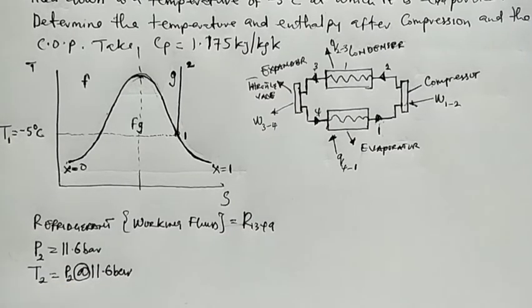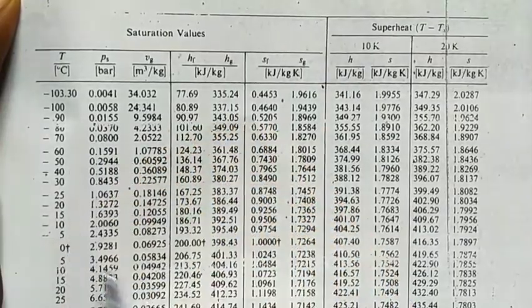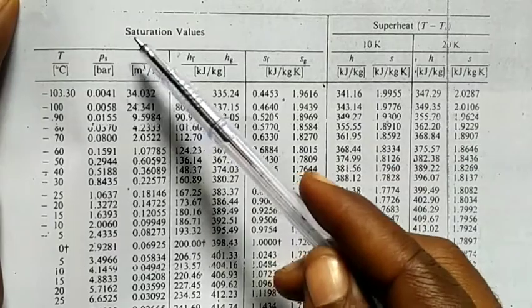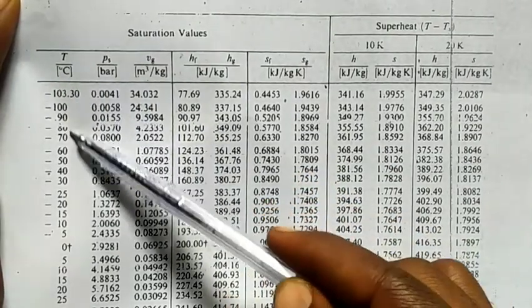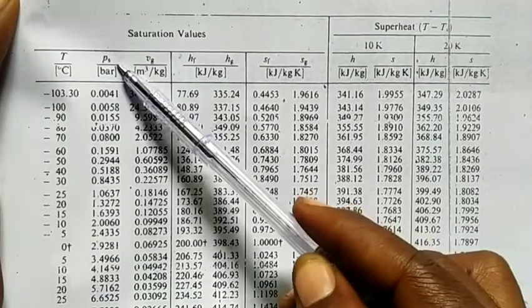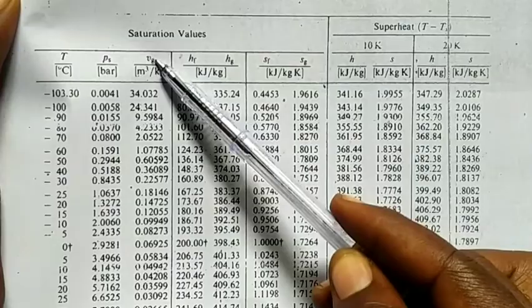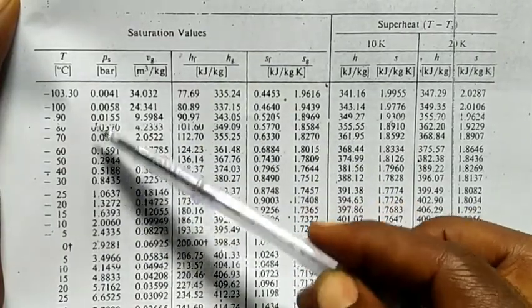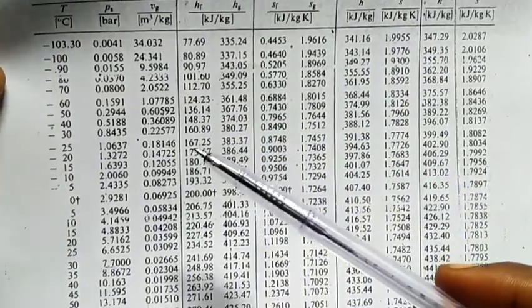Now this is what we'll do. On our steam table, we are going to look for the pressure at 11, because this is the temperature column, pressure column, and the specific volume column, and so on and so forth. We are going to look for 11.6 bar on this pressure column here. And we'll move forward.